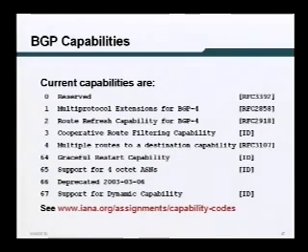If you support route refresh, which I'm going to talk about in a second, that's capability 2. 3 hasn't reached RFC yet, it's still an internet draft. 4 is an RFC, but I haven't seen anybody actually using it yet. And then 64 through 67 are still in the development process. The URL at the bottom has the current list of BGP capability codes.